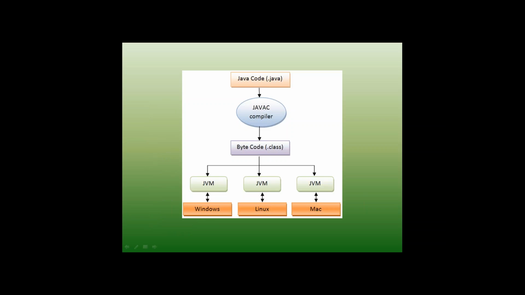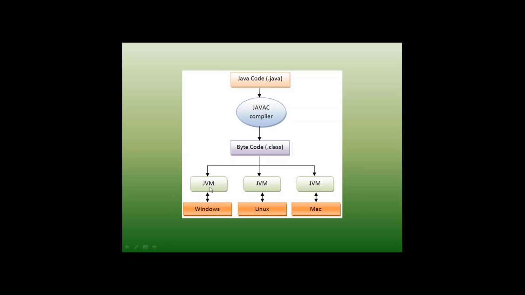Let's go to next. I was explaining architecture neutral and platform independent. This diagram will help you understand how it is architecture independent and platform independent. There are different kinds of operating systems: Windows, Linux, Macintosh, and anything else. We have this Java virtual machine, the JVM.